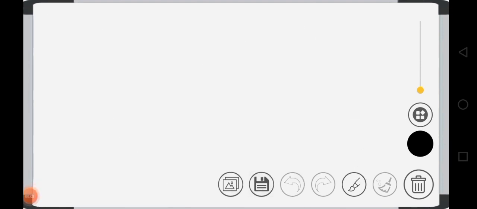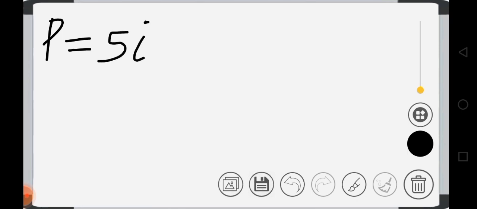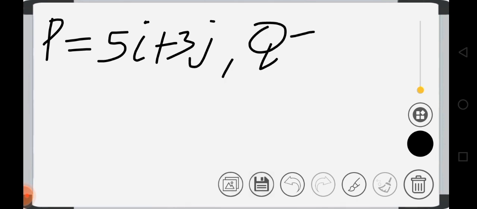Now let's look at this question. The question is to find the magnitude of the resultant of the following vectors. The first vector is P, which is equal to 5i plus 3j. The second vector is Q, equal to 5i plus j.